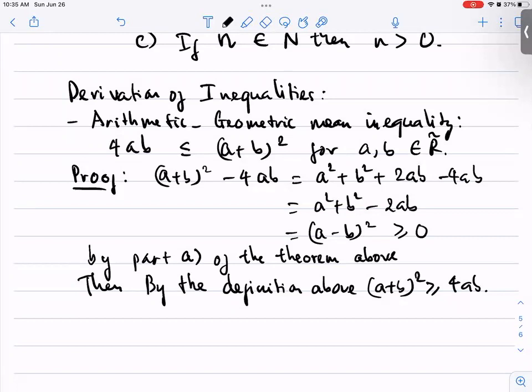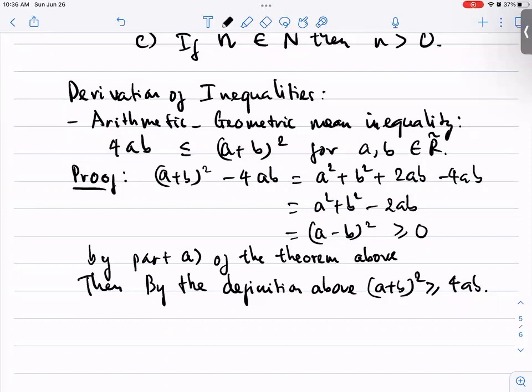Here, I'm giving you an example, the arithmetic geometric mean inequality, which says that 4AB is smaller than or equal to the square of A plus B for any numbers A and B in the set of real numbers. How do we prove it?